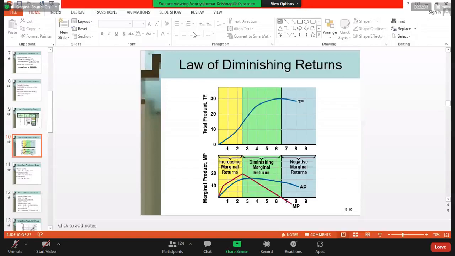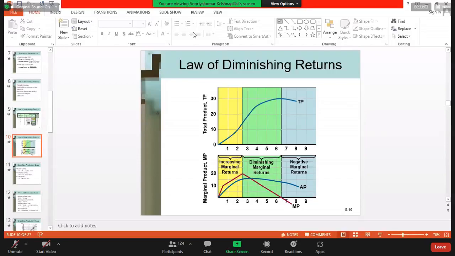Some students always use the horizontal axis as input for the cost curve also. The cost curve is the relationship between output and cost, so the horizontal axis is output and the vertical axis is cost. For the production function, the horizontal axis is input and the vertical axis is production.